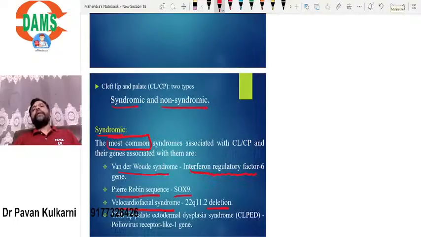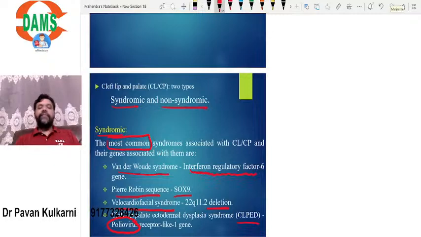There is also one important syndrome called CLPED. What is CLPED? Cleft lip, cleft palate, ectodermal dysplasia syndrome. This is associated with the poliovirus receptor-like 1 gene.